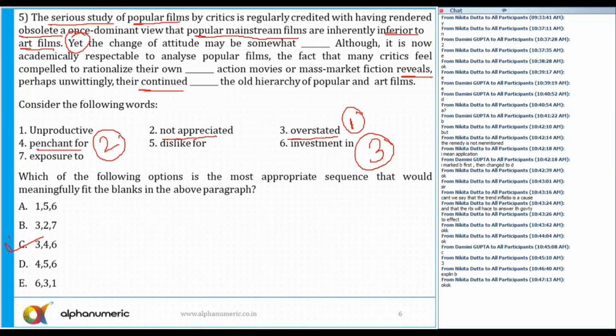So you cannot have B. The answer has to be C. Okay. Let's come to question number six then. If this is all, anybody has any doubt till now? Question number one to five.